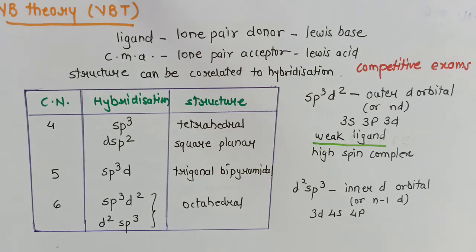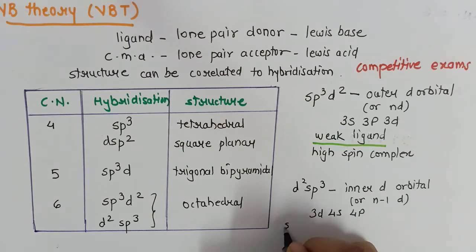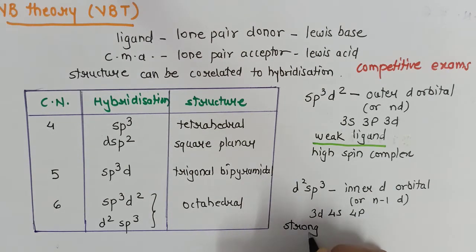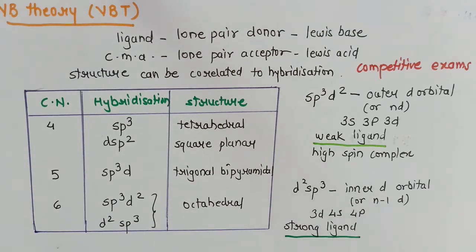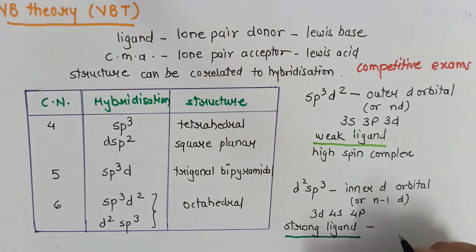Now the question is, which type of ligand shows this hybridization? I will say strong ligands. So strong ligand shows d2sp3 type of hybridization, and they form low spin complex.